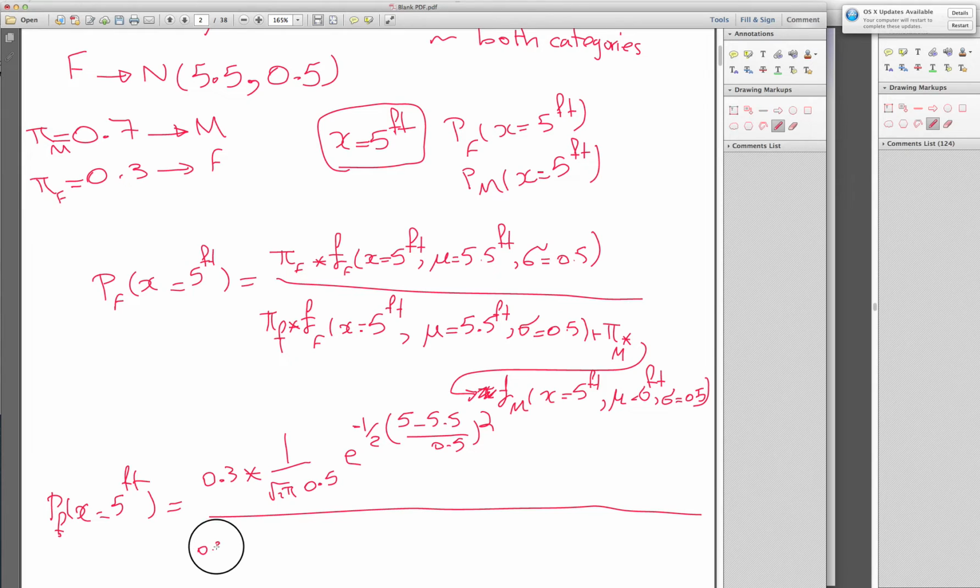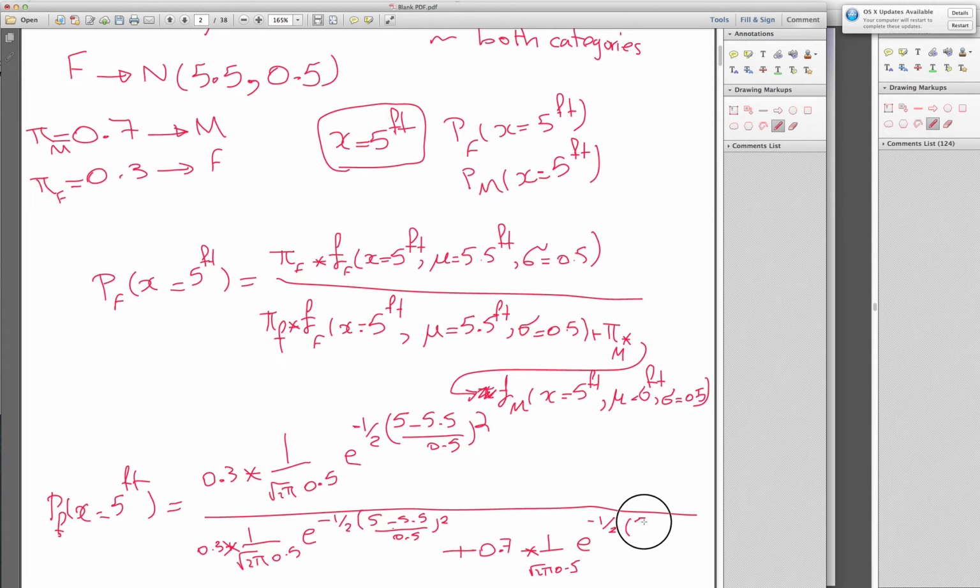So 0.3 times 1 over the square root of 2 pi 0.5, exponential negative 1 over 2, 5 minus 5.5 divided by 0.5, squared, plus probability of being, oh, this is multiplied, probability of being male, which is 0.7, times 1 over the square root of 2 pi 0.5, exponential negative 1 over 2.